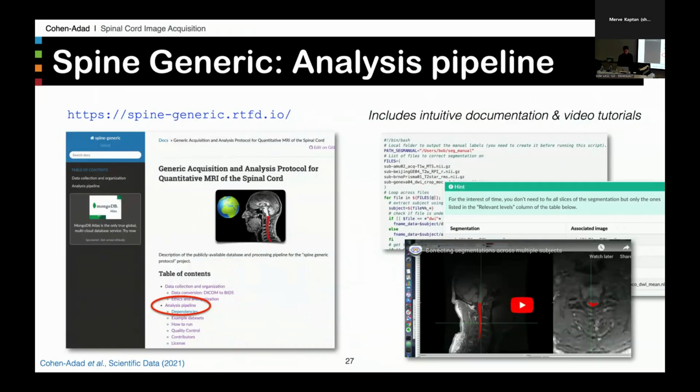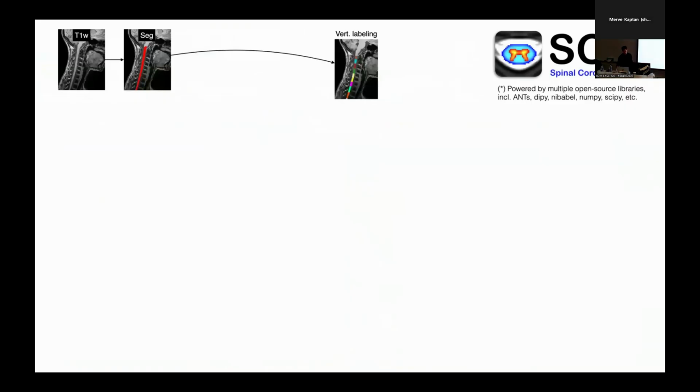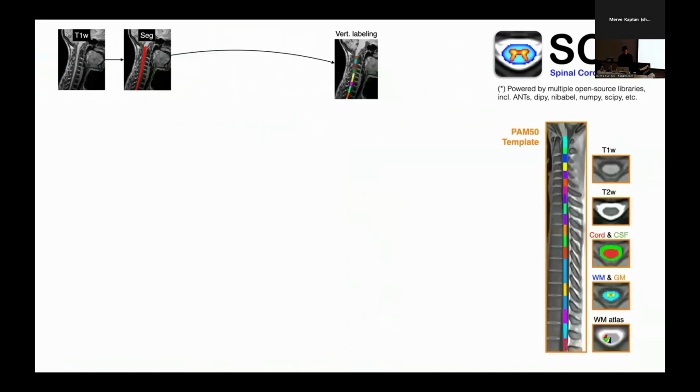So the analysis pipeline, I'm going to show you briefly how it consists of, but there is the T1 weighted that was segmented, and then the vertebrae were labeled, and then all these subjects were registered to the PAM50 template. The same was done, and so that's enabled to compute the chord cross-sectional area.